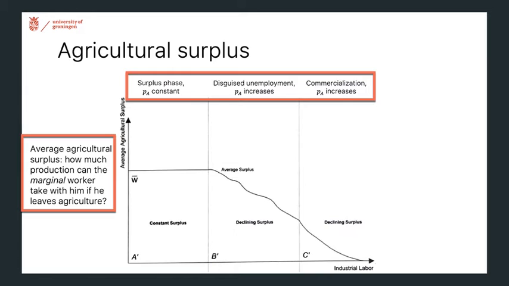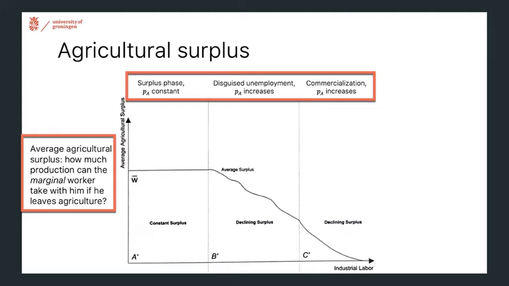So you can think about this as a worker leaves agriculture for the city, and how much production does this worker represent? So what's the average product that the average worker can take with him?